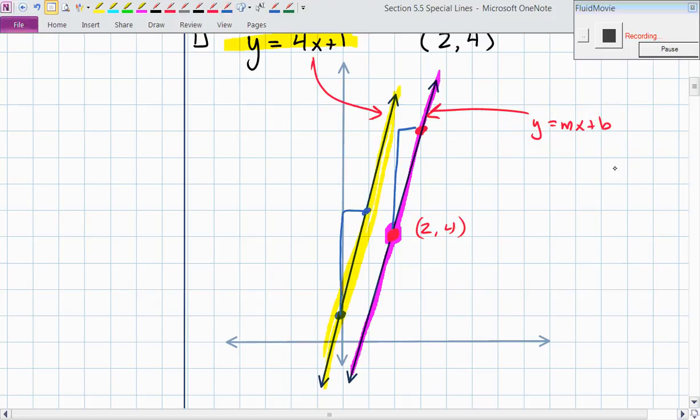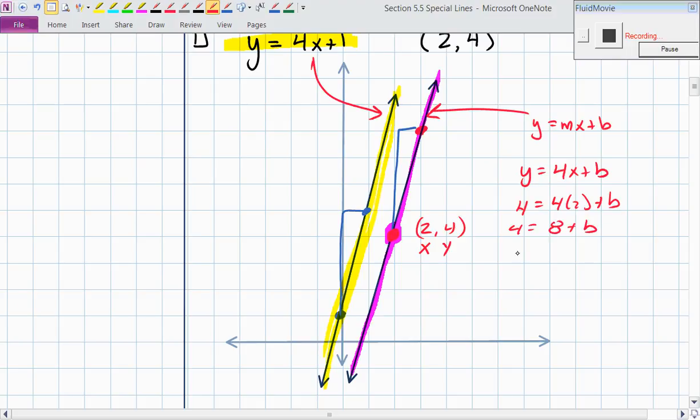Okay? So we're going to start by saying this. We know that y is equal to 4x plus b. How do I know there's a 4 there for the slope? Exactly, it has the same slope. Is there a point that I know is on that line? Yeah, x comma y, (2, 4). So let's plug it in. So 4 is equal to 4 times 2 plus b. So 4 equals 8 plus b.